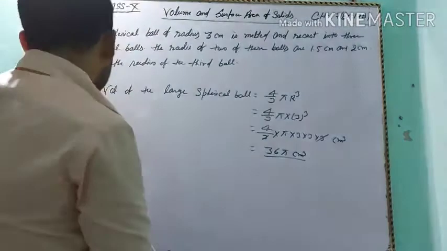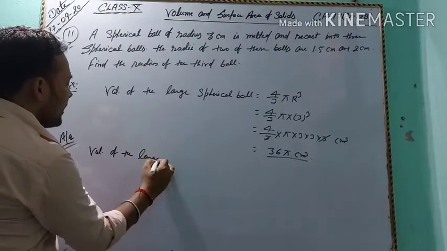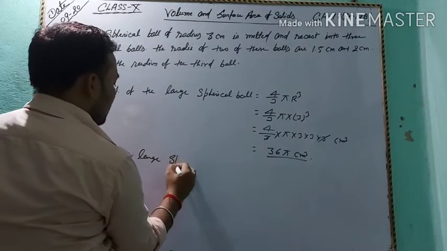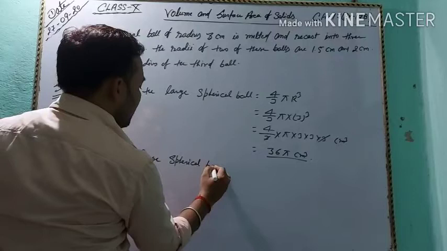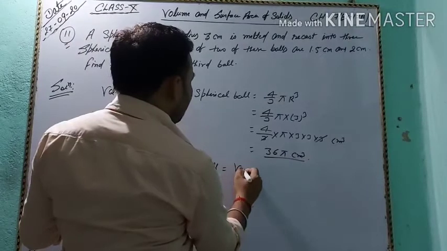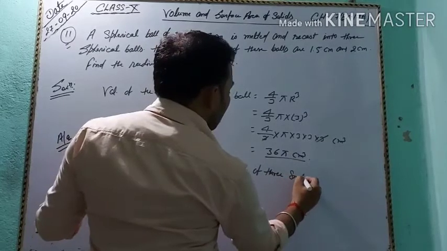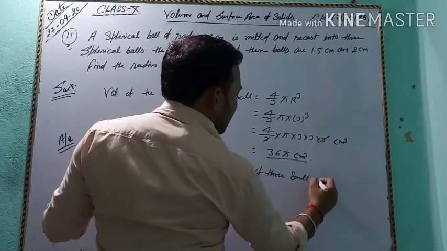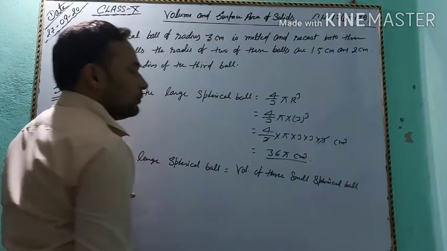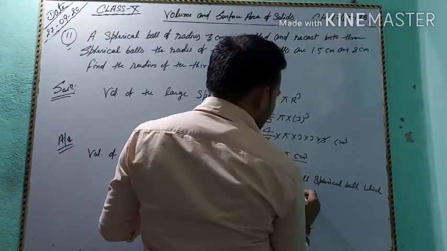Okay, so according to the question, volume of the large spherical ball is equal to volume of 3 small spherical balls whose radii are different.